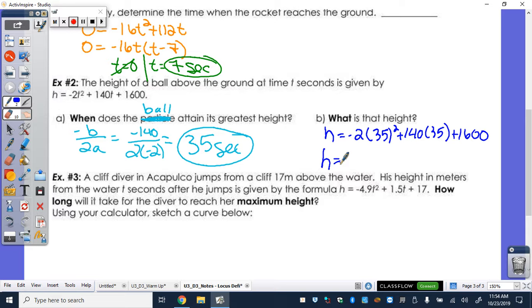Anybody get a number yet? Should be kind of a ridiculously high number. 4,050. So did they give us a unit for the height, like feet, meters, centimeters? No. Then we don't label it.